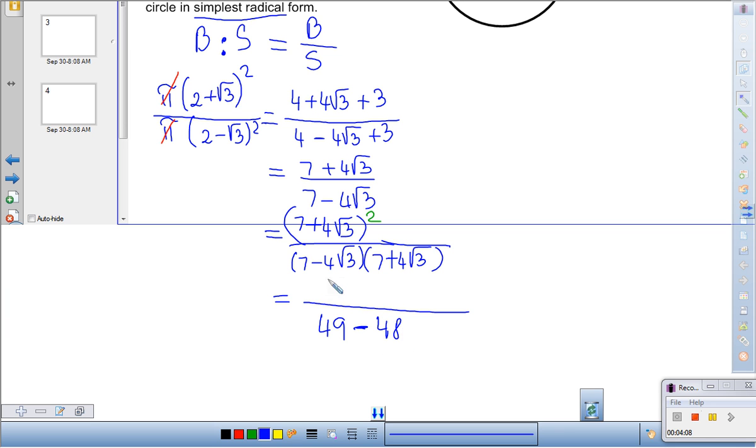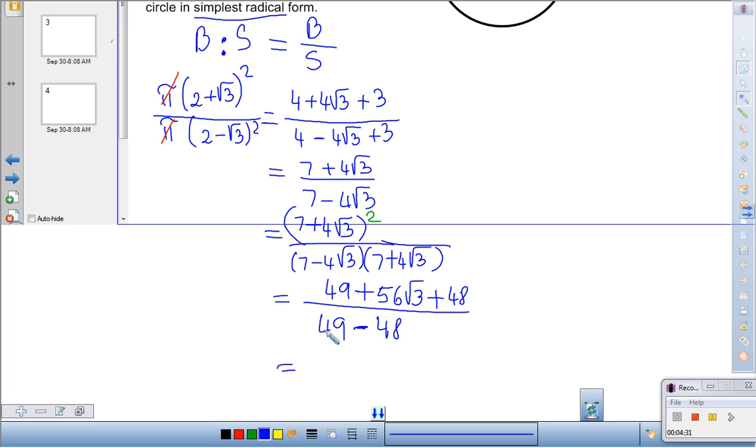And in the numerator we have 49 plus 2 times 7 times 4, well, 2 times 7 is 14, times 4 is 56 radical 3, plus 4 radical 3 squared is 48.